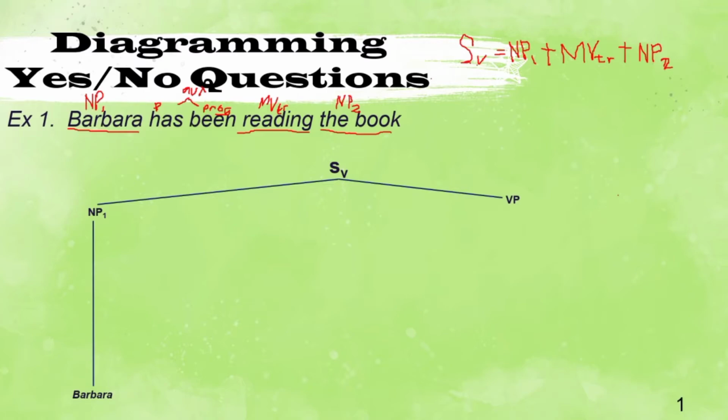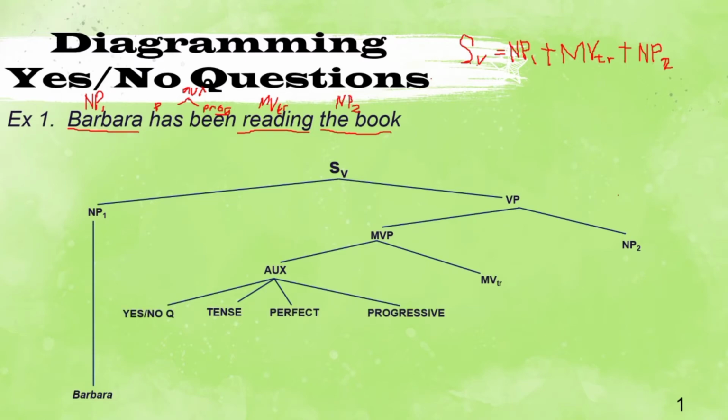The verb phrase consists of the main verb phrase and the noun phrase subscript 2, while the MVP, or the main verb phrase, consists of the auxiliary and the symbol MV with transitive. So we will put has been in perfect and progressive. Then the symbol MV with transitive, and noun phrase subscript 2 is the book.